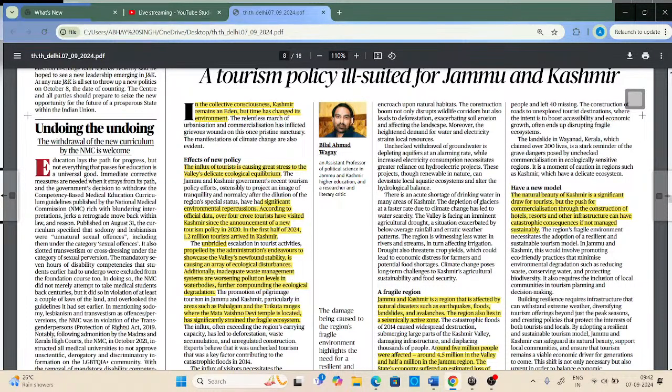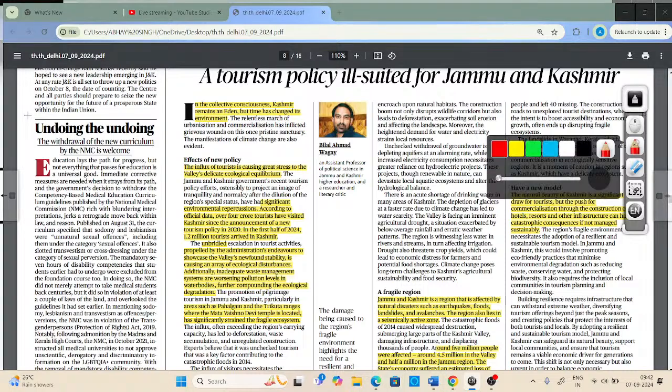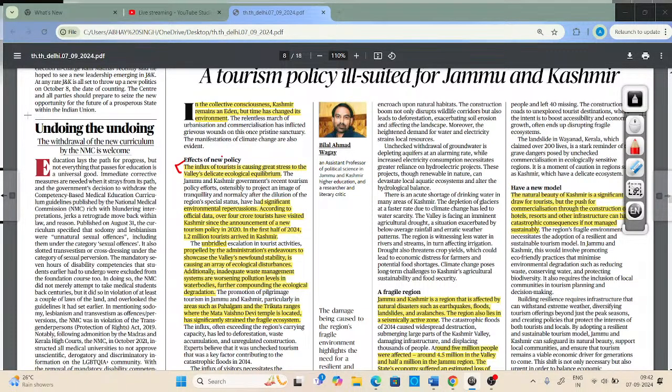The influx of tourists is causing a great stress to the valley's delicate ecological equilibrium. So this is the first problem, the first problem of the increase in the number of tourists. It is giving a direct stress to the valley's ecological equilibrium.